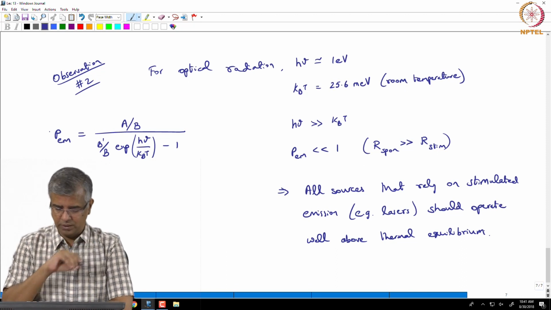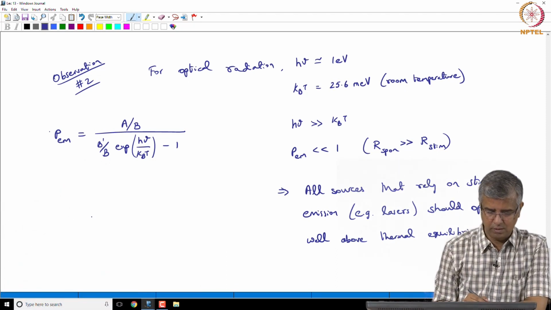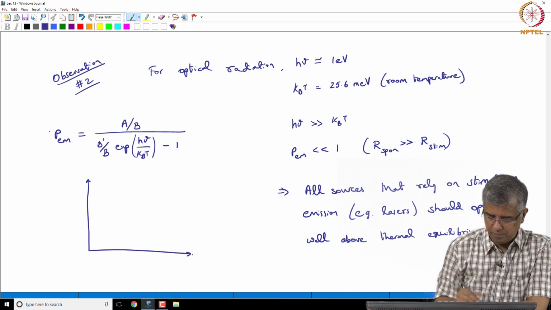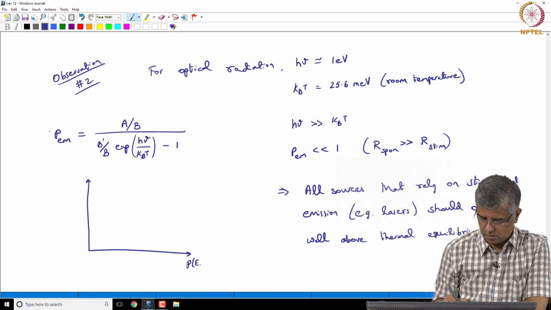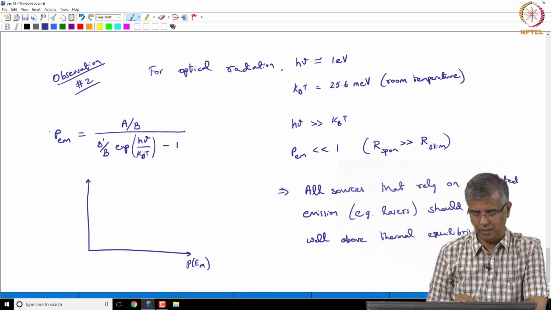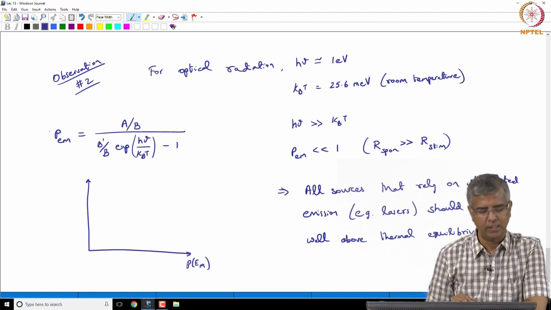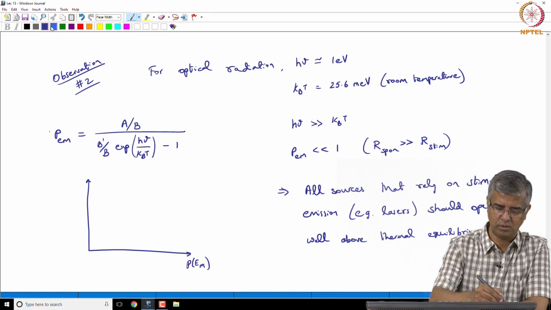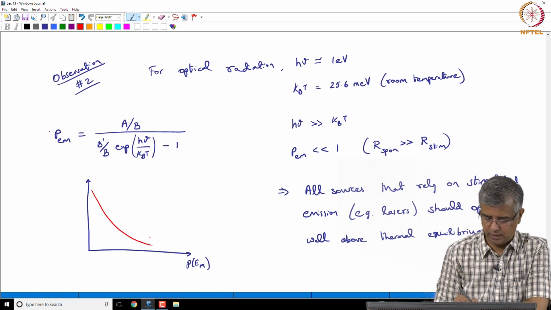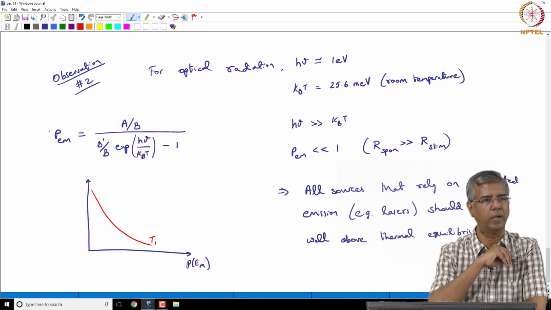And maybe we can look at this in a little more detail. Under thermal equilibrium, if we are looking at finding an atom at an excited state, it's going to be something like this at a temperature T1.